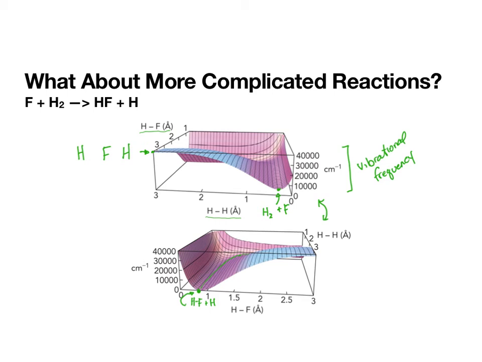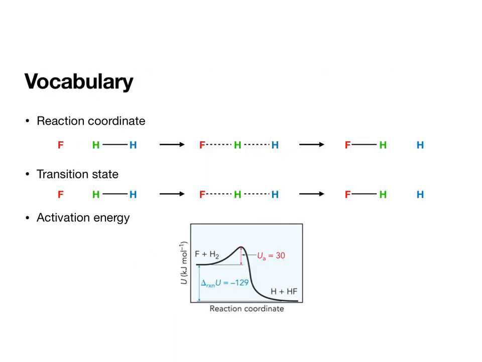So normally we don't show these diagrams in 3 dimensions because they get really hard to read. And so we try to explain this based upon more of a 2-dimensional picture. To understand this 2-dimensional picture, we are going to need to talk about some vocab.